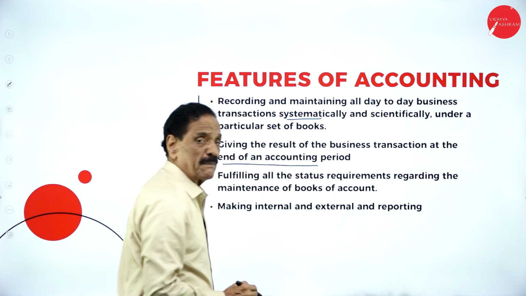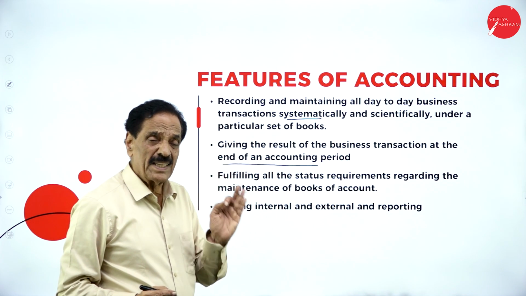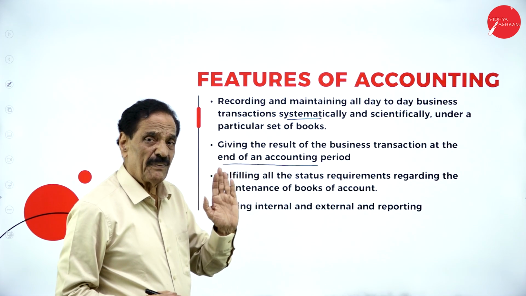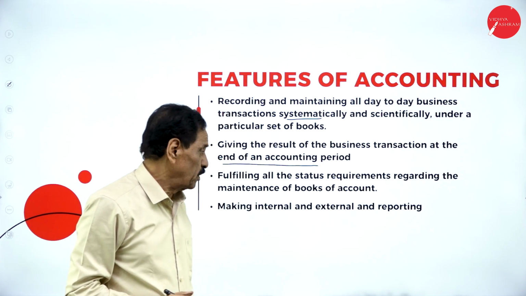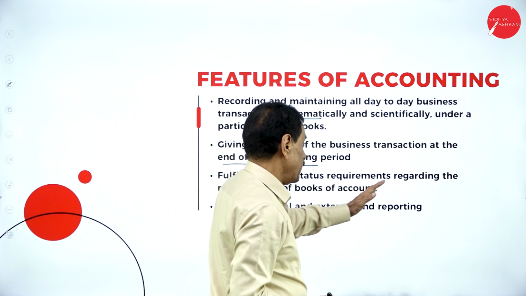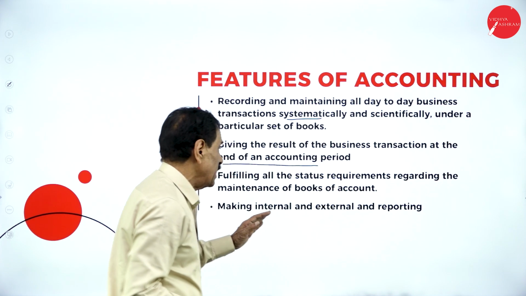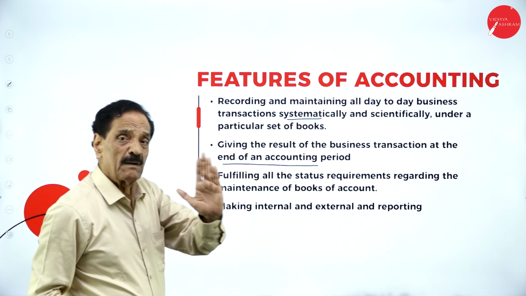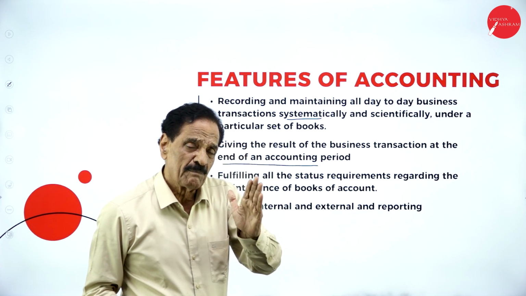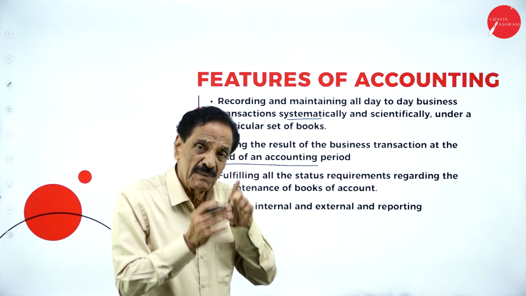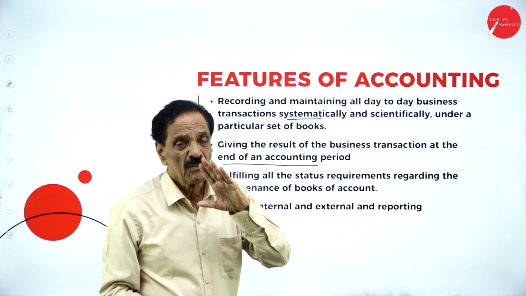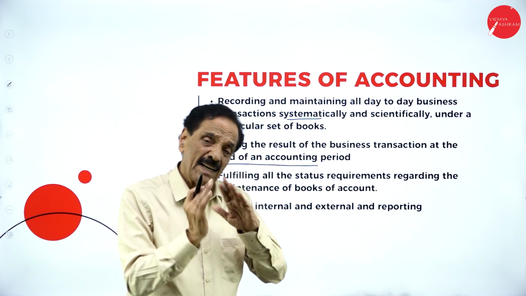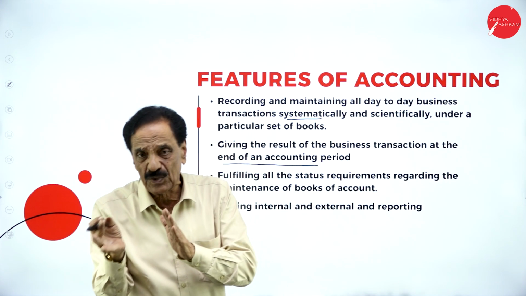If the records are made, we can find out at the end of the year what their financial position is, fulfilling all the statutory requirements regarding the maintenance of books of account. It is one of the best theoretical ways to arrive at the result at the end of the year, showing how each transaction took place and whether it is a credit transaction or a cash transaction.